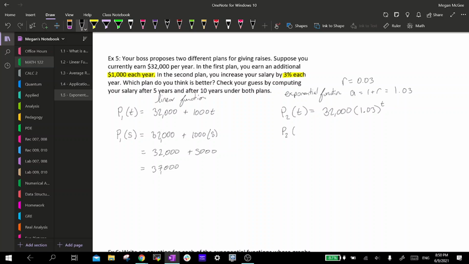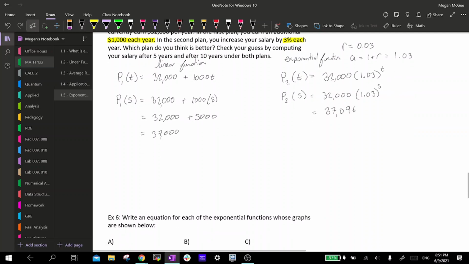And P2 of 5, well, that's $32,000 times 1.03 raised to the 5th power. And so if we plug this into a calculator, we will end up with $37,096. Okay, so pretty comparable, right? The exponential function just gives you 96 more dollars.